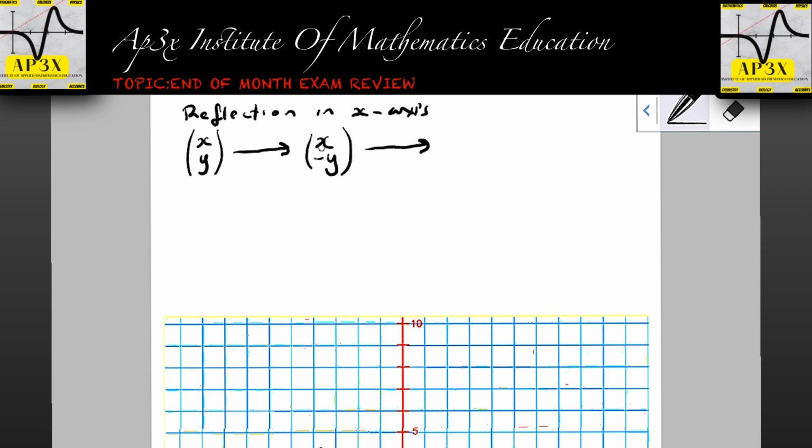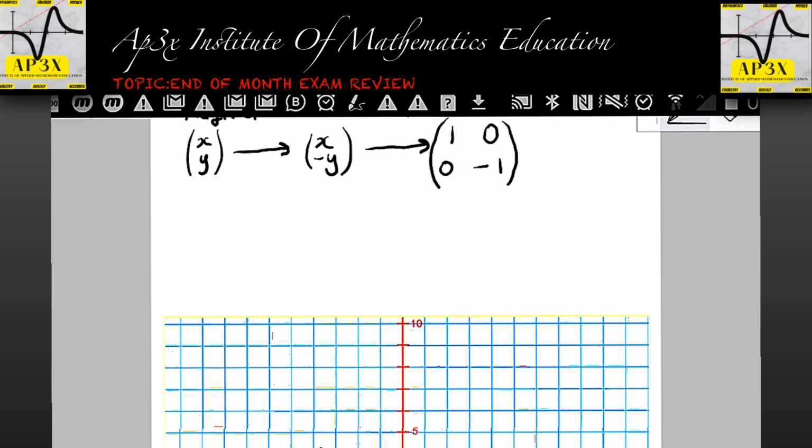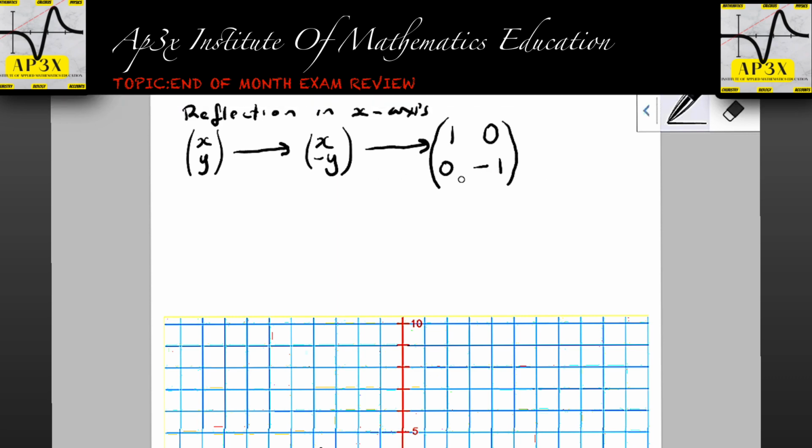So in this case, I have 1x at the top and 0y. Then I have 0x at the bottom and -1y at the bottom. So therefore, this is my reflection matrix. Now, a lot of students are not able to remember the reflection matrix because when you start to learn the rotation matrix, the ones and the zeros tend to be very confusing.